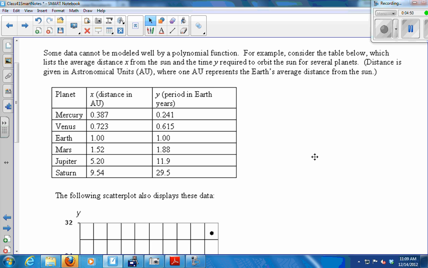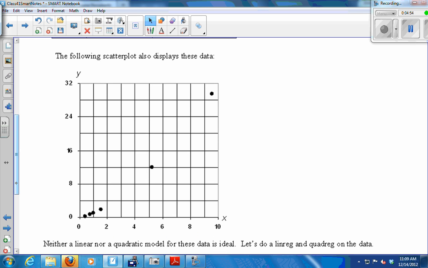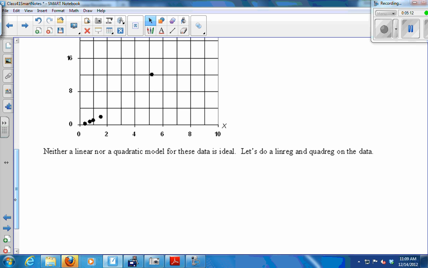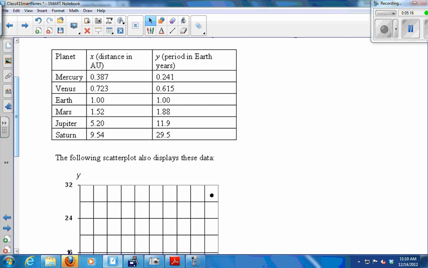If I get a scatter plot of these data, what polynomial might you use to model this, based on your experience so far? Quadratic, yeah, because it definitely looks like it's increasing and bending upwards a little bit, so a line wouldn't be a perfect fit. So let's see what happens if we do a linear or a quadratic.